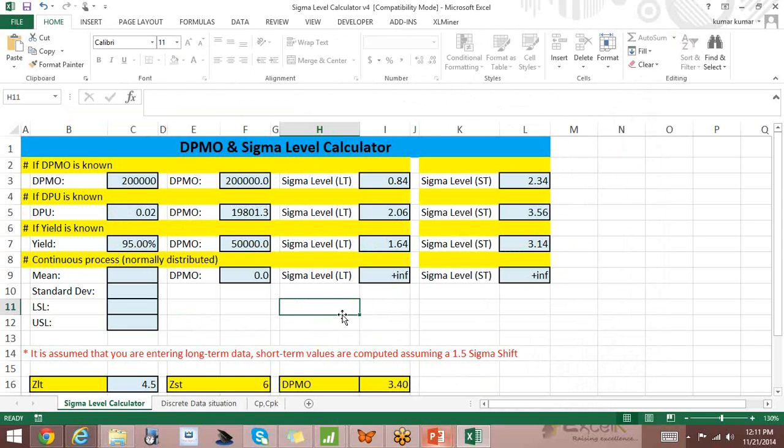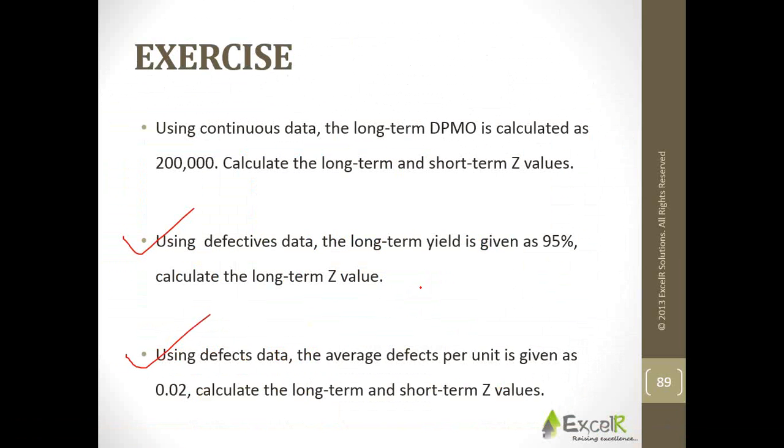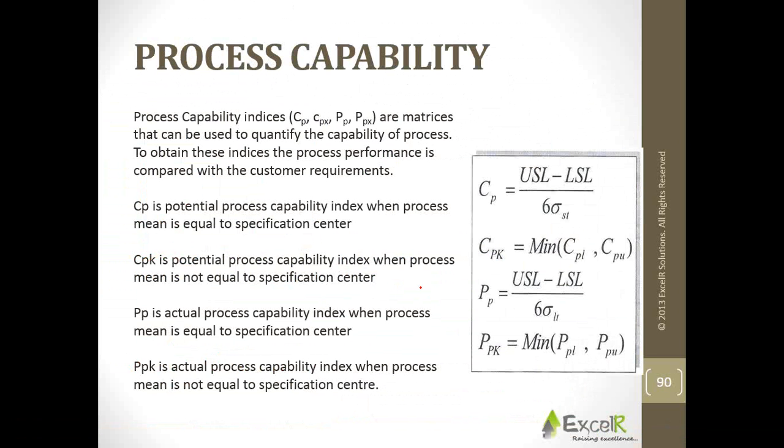If I want to calculate the sigma level, then it will be 2.06 long term and short term is 3.56. Was it clear, Anuj? How to calculate? Simple. Use sigma level calculator. Yes, thank you. Yes, it is clear.